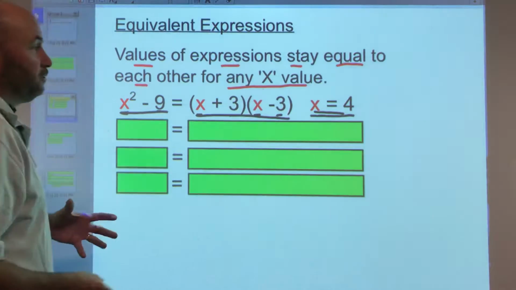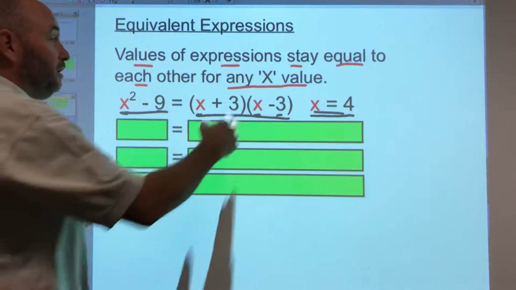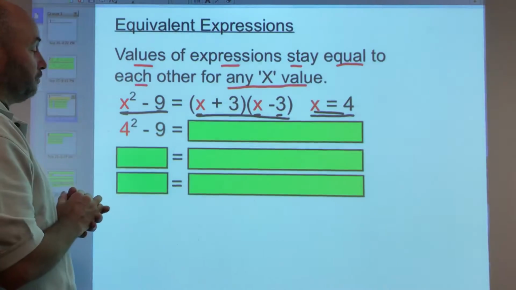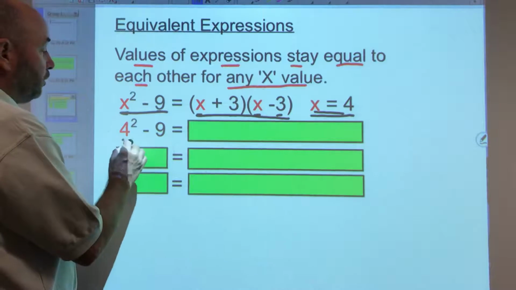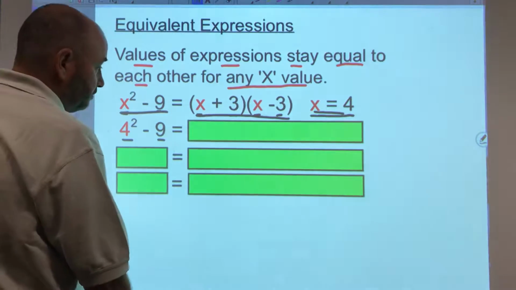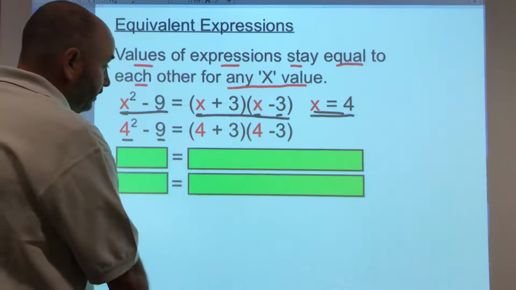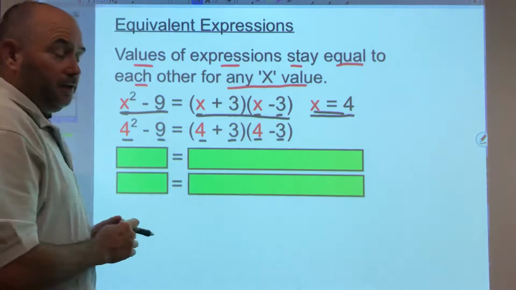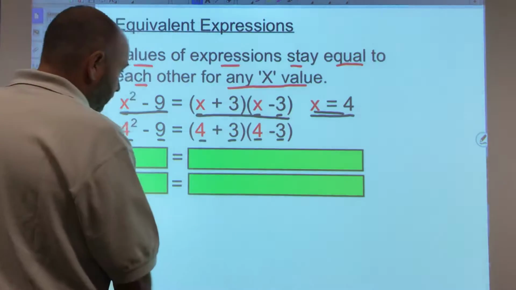Well, all we have to do now is substitute the x for the value of x that we've been given. So we will rewrite this as 4 to the second minus 9. And then we will write this as 4 plus 3 times 4 minus 3. Remember, this is multiplication in there.